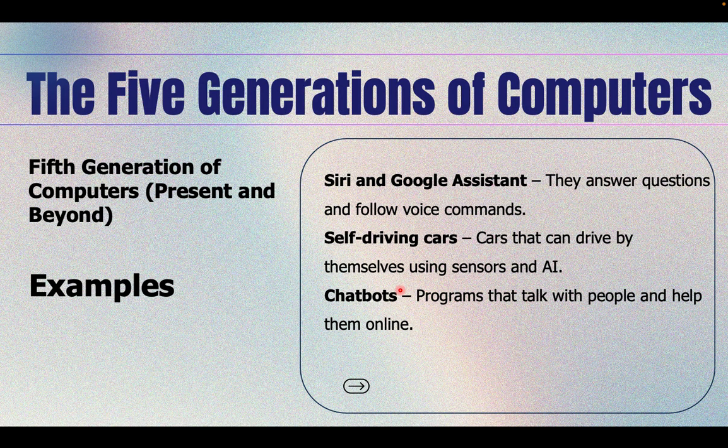Then we have chatbots. We can talk about programs that are online, that help with facilities that we seek online, how to do this, how to do that, and then we chat and we give prompts and it's able to actually give us answers.